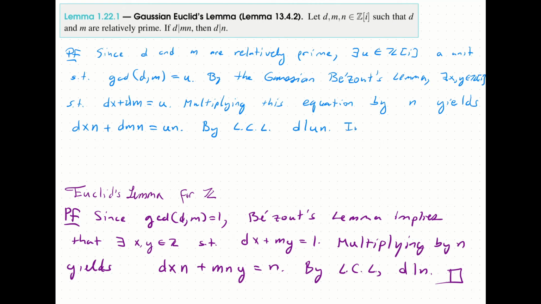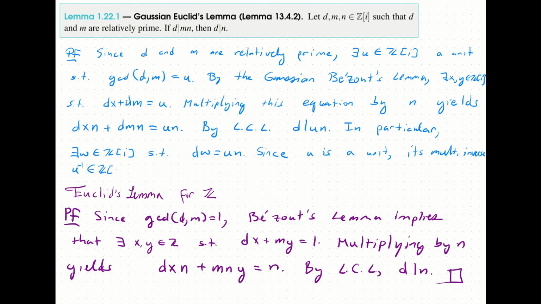So in particular, there exists a w in the Gaussian integers such that d times w is equal to u times n. And now since u is a unit, its multiplicative inverse, which I'm going to write as u to the negative 1, is in the Gaussian integers.